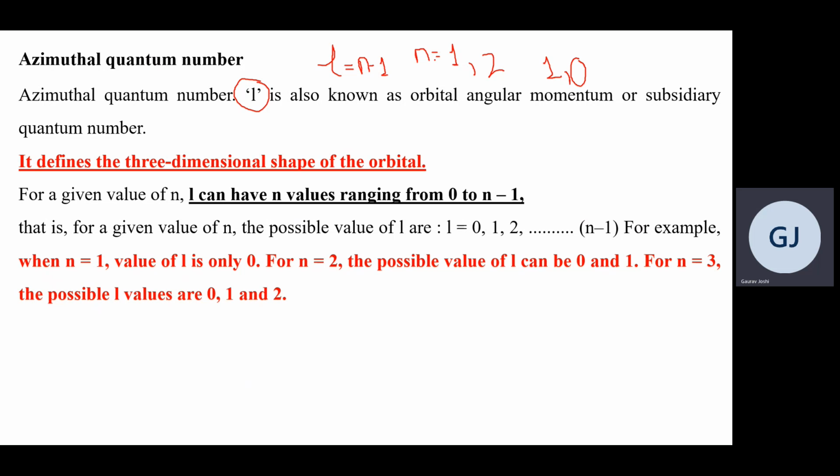If n has a value of 4, l will have the values 0, 1, 2 and 3. These are the examples I have given. When n is equal to 1, the value of l is only 0. For n equal to 2, the possible values of l are 0 and 1, and for n equal to 3, the possible values of l are 0, 1 and 2.